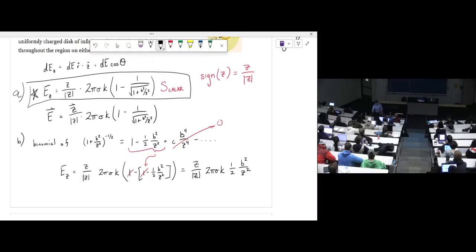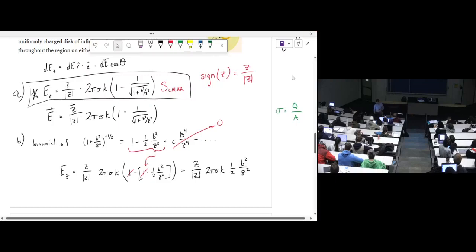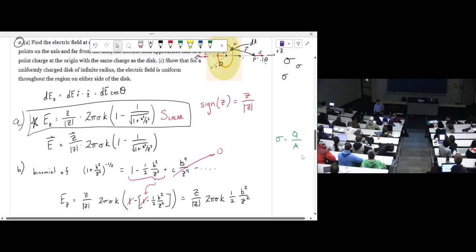Well, maybe one thing, sigma is equal to the total charge on the disk over the area of the disk. That's how we define the surface charge density. So help me find an area on there to cancel out with the area that's in sigma.